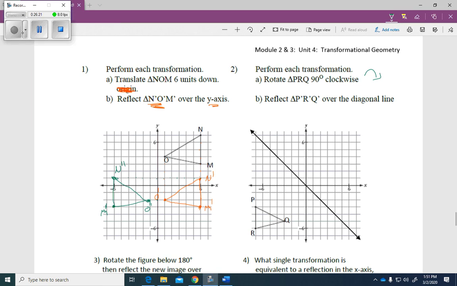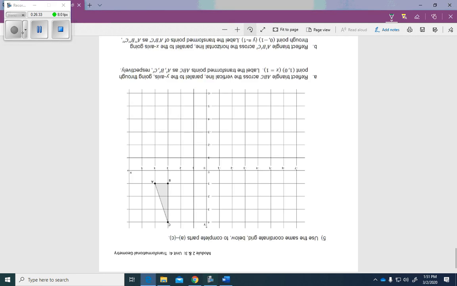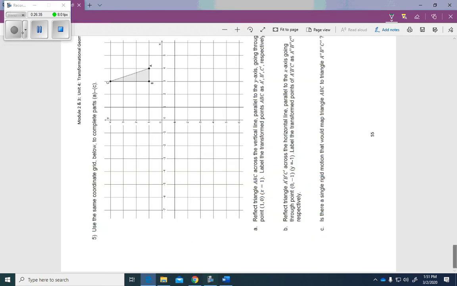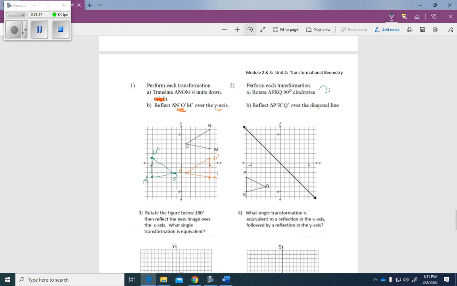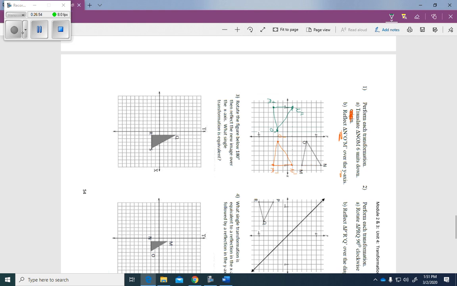Okay, so now I'm on number 2 on this page. We have to rotate 90 clockwise. I had said that I have to turn my paper since I don't have transparency. Okay.